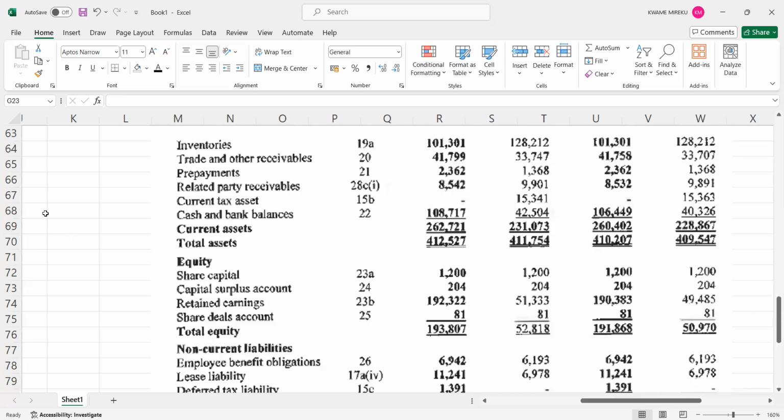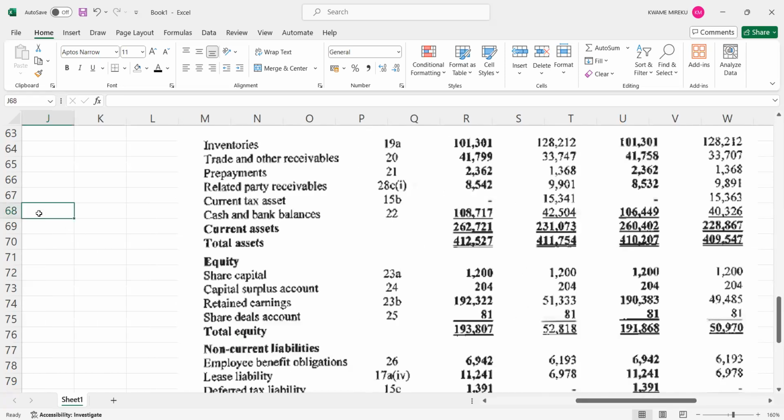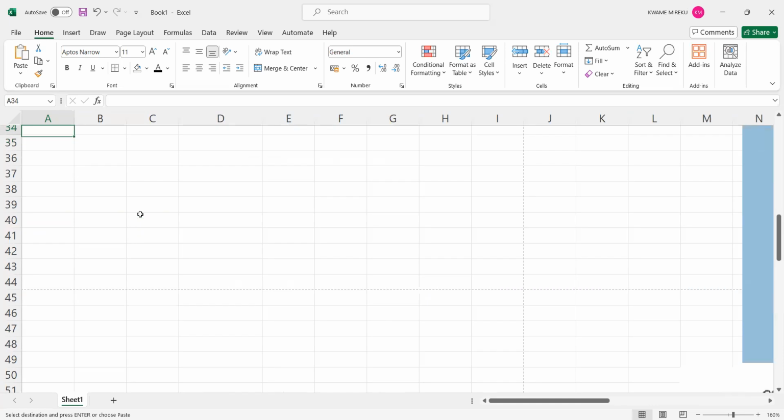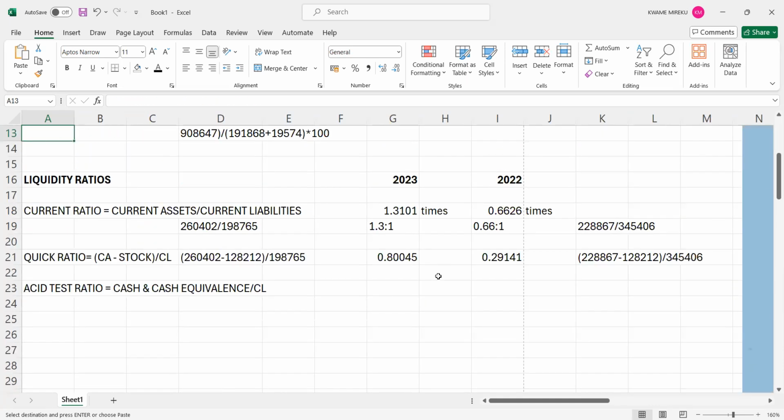So let me just type and paste them. So here is 106,449. Then we have 43,326. So let me take them up there and let's see how our position to pay our debts will look like.